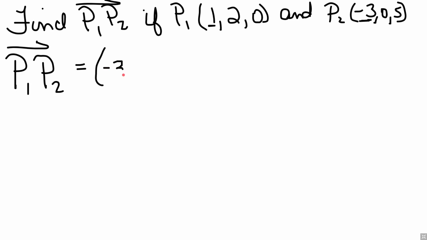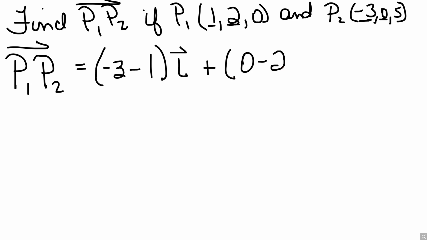So I'm going to do negative 3 minus 1, and that's going to be in the i direction. Plus, then I'm going to deal with the y's. So I'm going to have 0 minus 2, and that's going to be in the j direction. Plus, next I'm going to deal with my z's.